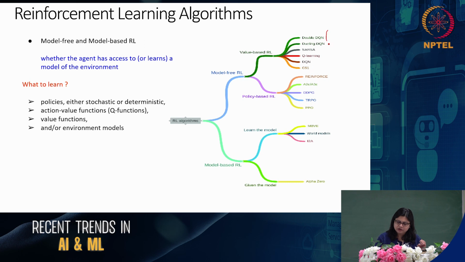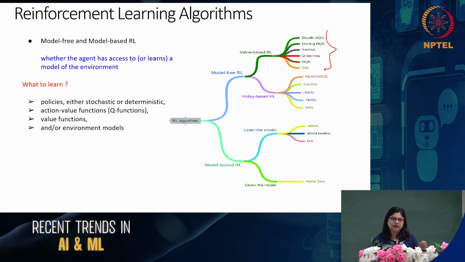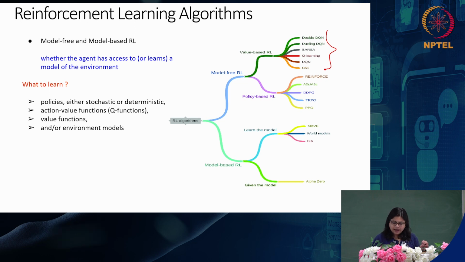These are some value based RL, where we are optimizing the value function, either the Q value function or the V value function. By optimizing the value function, we get the policy. We are not directly optimizing the policy, but we are optimizing the value function, and that way we are getting the optimal policy.